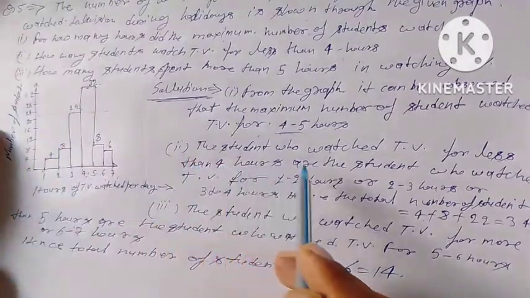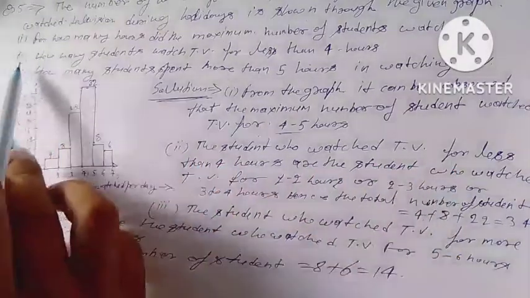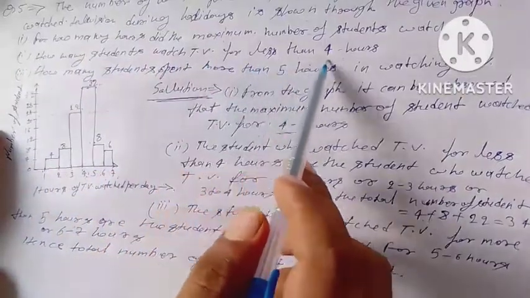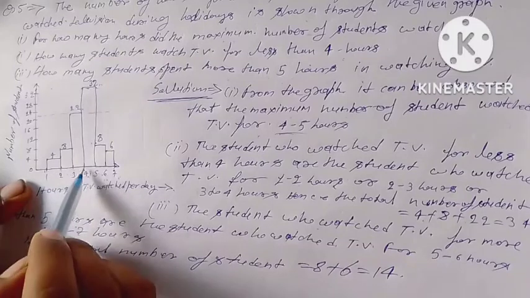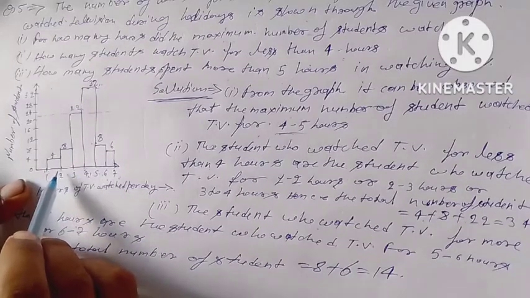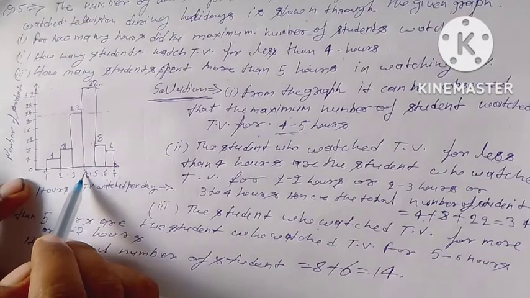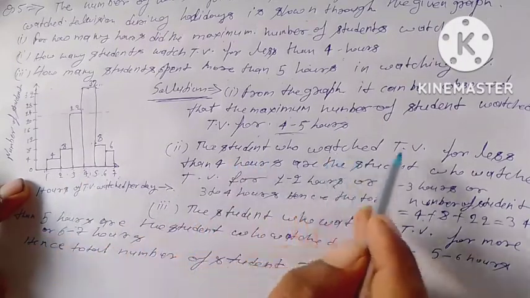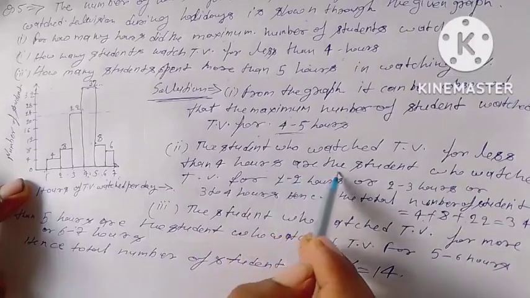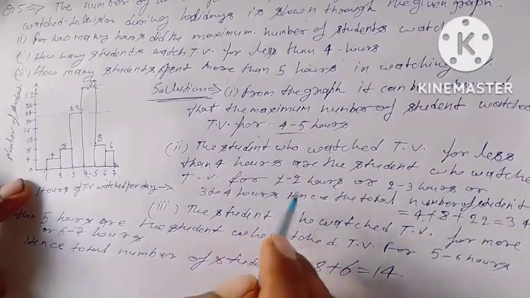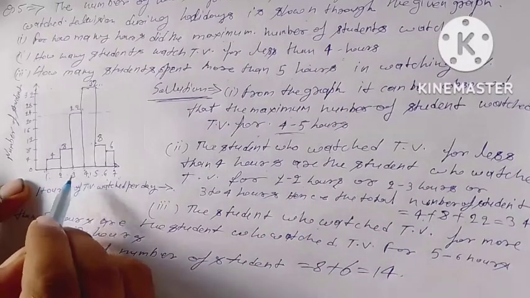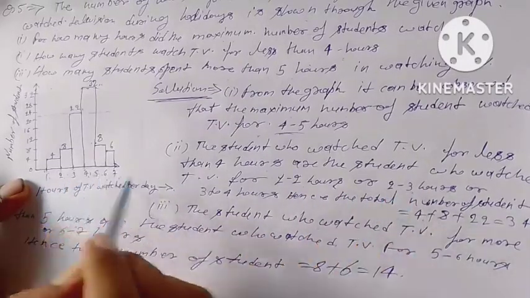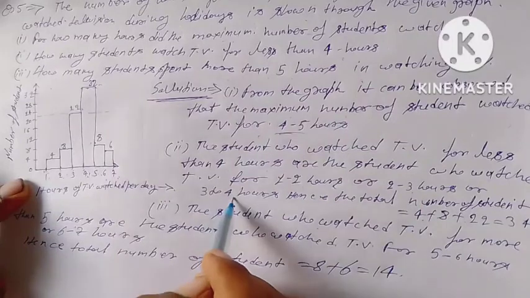Second question: how many students watch TV for less than 4 hours? Less than 4 hours means the students who watch TV for 1 to 2 hours, 2 to 3 hours, or 3 to 4 hours.